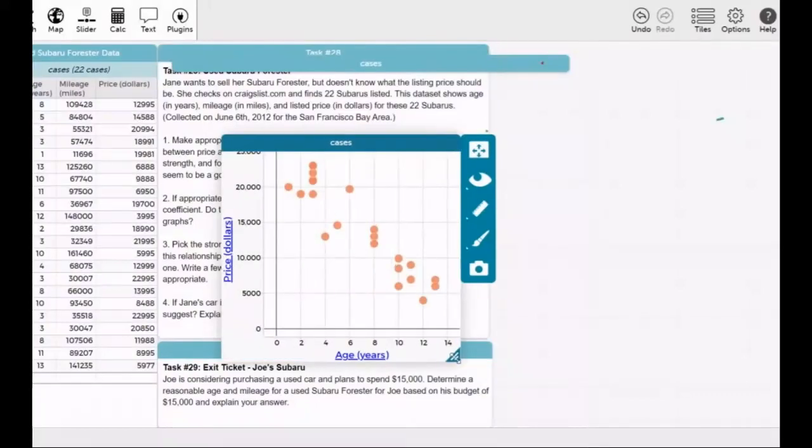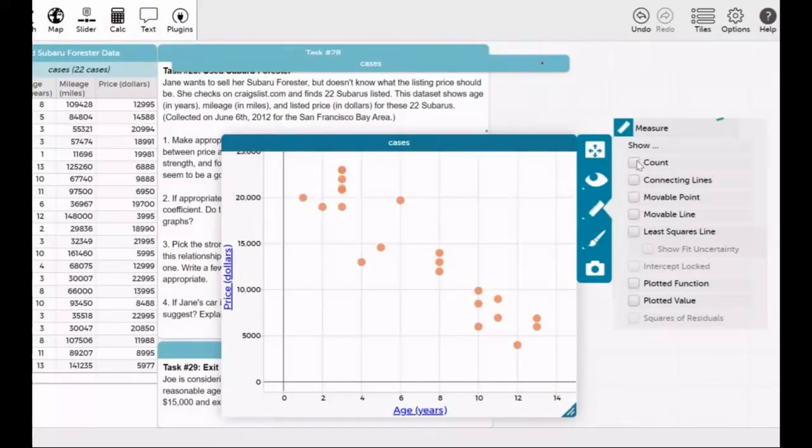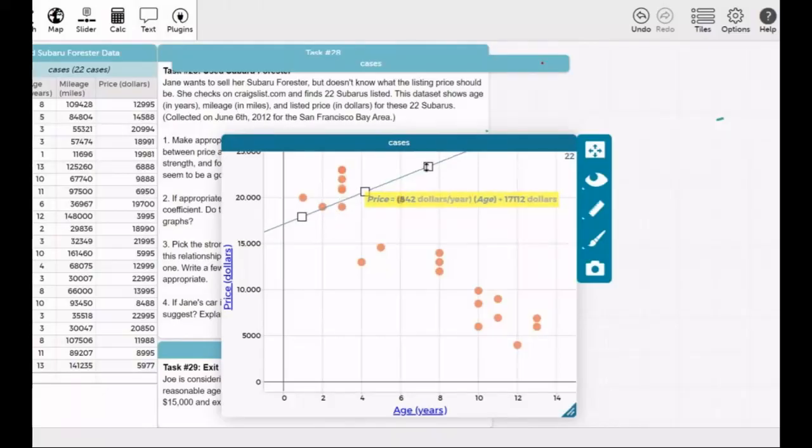So again, go to that ruler. There should be different things there. Go to movable line. Move your line for this one. Manipulate it if you can. Mine's being a little temperamental.